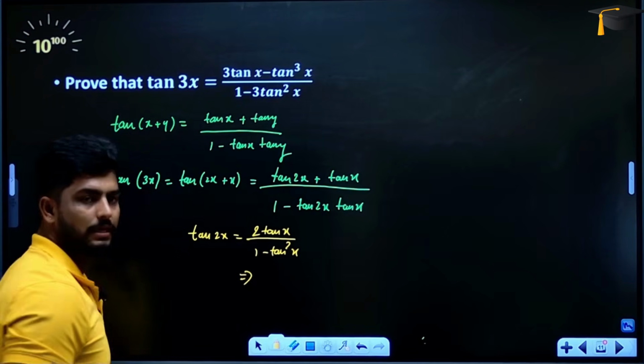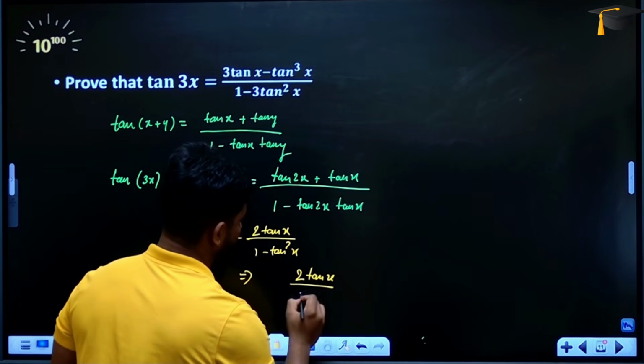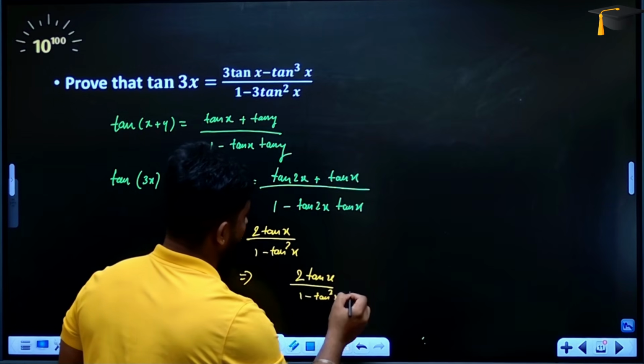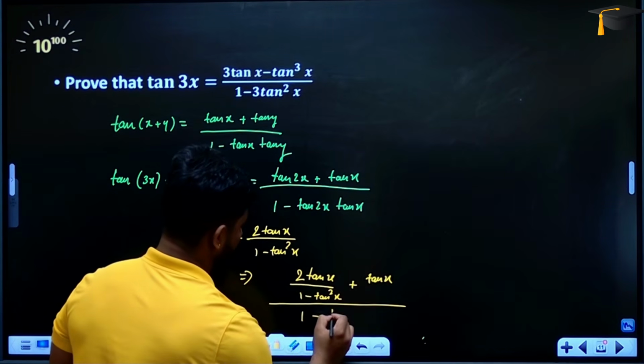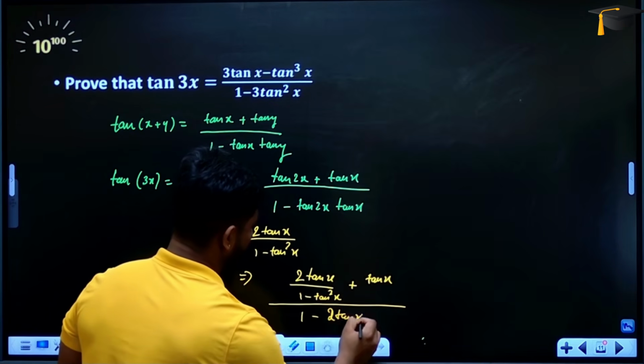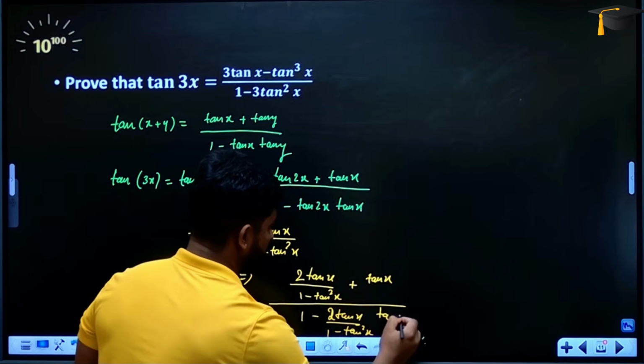So let us substitute this here. So it is 2 tan x divided by 1 minus tan square x plus tan x, whole divided by 1 minus 2 tan x divided by 1 minus tan square x into tan x.